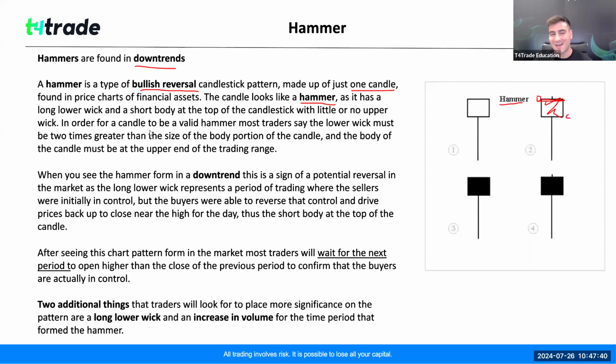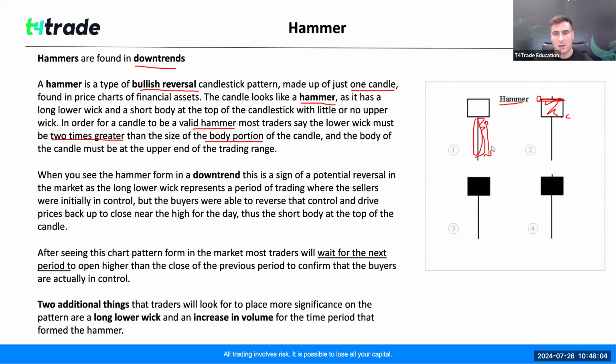In order for a candle to be a valid hammer, most traders say that the lower wick, okay, must be at least 2 times greater than the size of the body. Okay, because this is buying territory. This is what happens, this area right here.